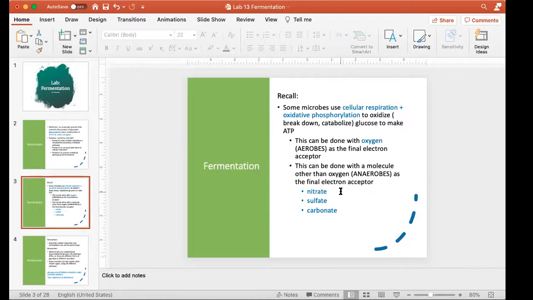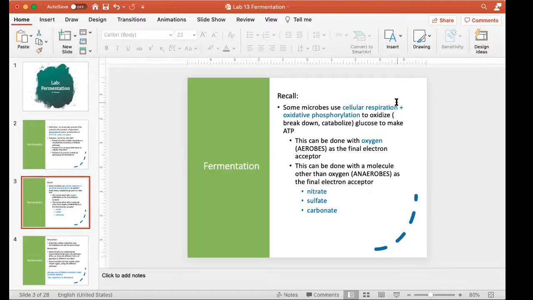The key thing to remember is that when it comes to respiration and the production of ATP, and remember, we call that second part oxidative phosphorylation. Remember, oxidative does not mean oxygen. It means oxidation reduction reactions.